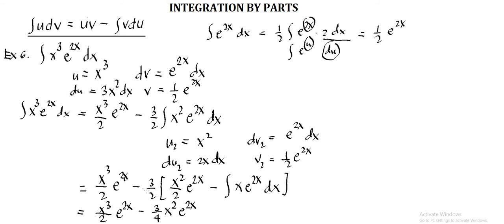And then, negative 3 over 2 times negative, magiging positive, 3 over 2 integral of x e to the 2x dx. Okay. So, ngayon, from degree 2, so, yung ating algebraic function, from degree 2, ngayon, degree 1 na lang.